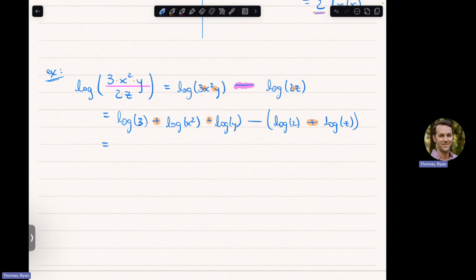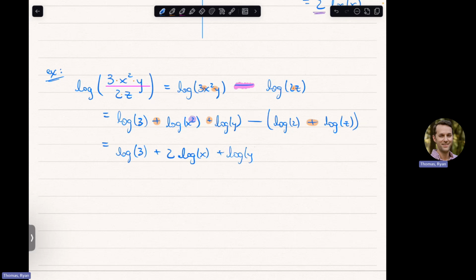Okay, now looking at what we have at this point, the log of 3, this is a log base 10, so the log of 3 is not anything that cleans up in any kind of nice way, so I'm just going to leave it as the log of 3 plus, now here I've got the log of x squared, which has a power inside it, so I can use the power rule to bring it down, so it becomes 2 times the log of x plus the log of y.